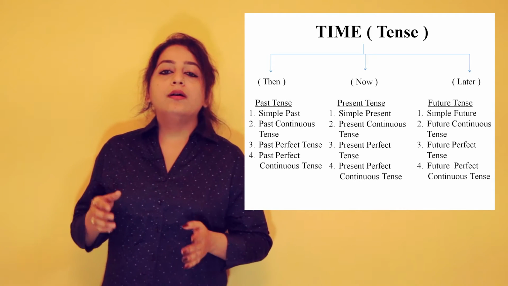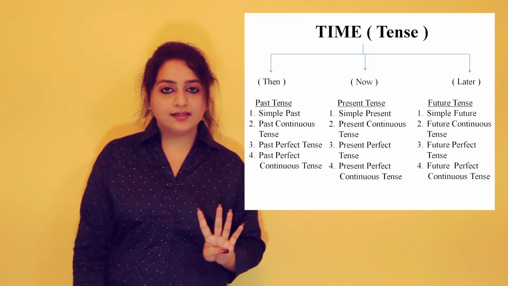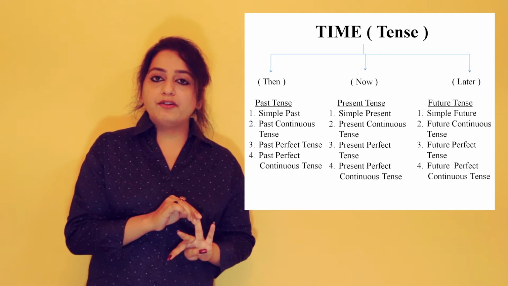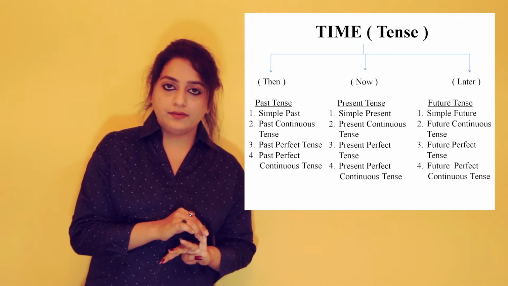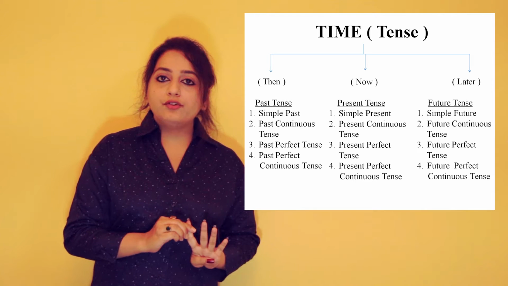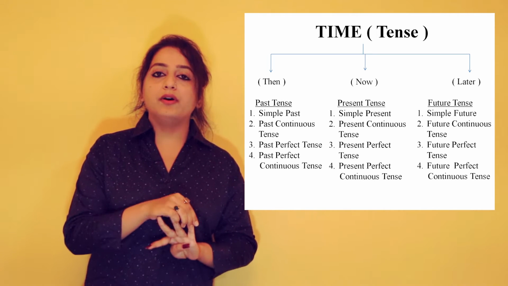The same present tense can also be classified into four subdivisions: simple present, present continuous, present perfect, and present perfect continuous. The same thing we can do with the future tense also: simple future, future continuous, future perfect, and future perfect continuous tense. So we will be dealing with all 12 kinds of tenses one by one.